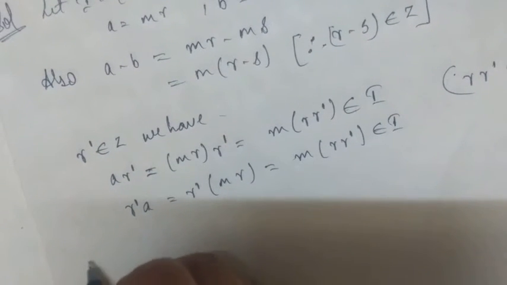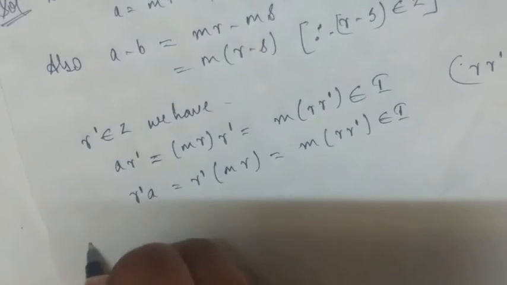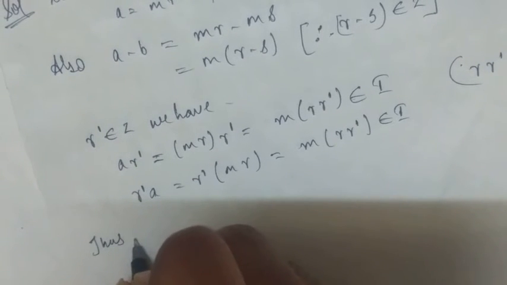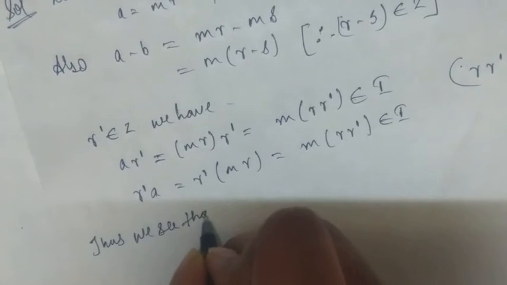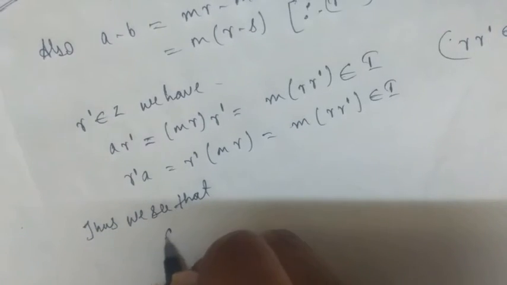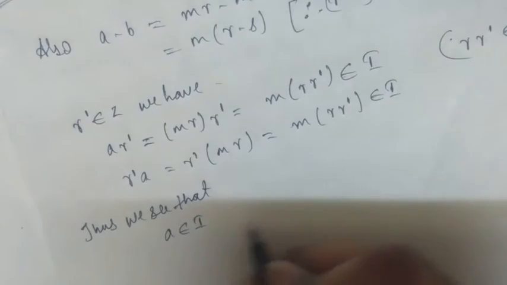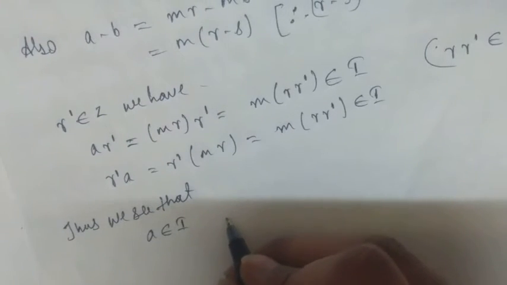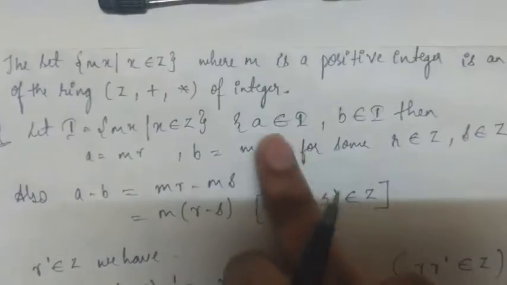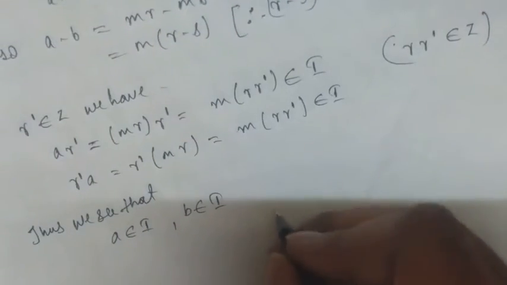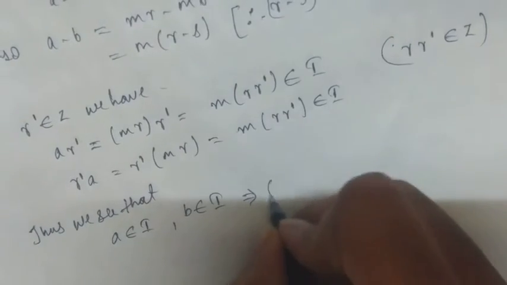Let's write it down so that as we are proving it, we will get a clean idea of what we are doing. That is, a belongs to I. We have taken that in earlier, and also b belongs to I. We have written that here, but still I am writing it so that it will be helpful for easier understanding.